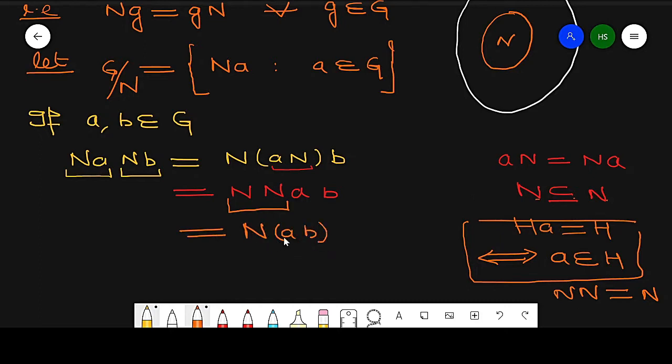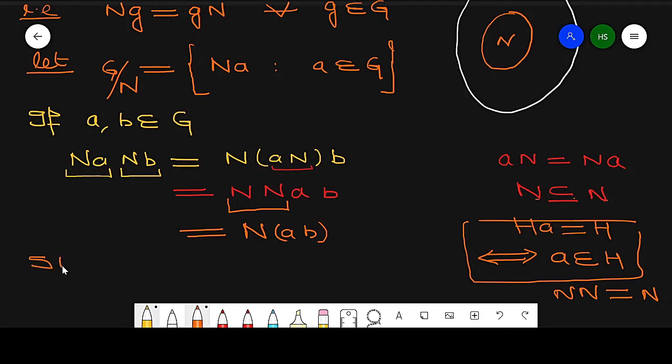So this is a property by which Nab can be written as Na times Nb. It means the product of two right cosets is also a right coset of N in G.